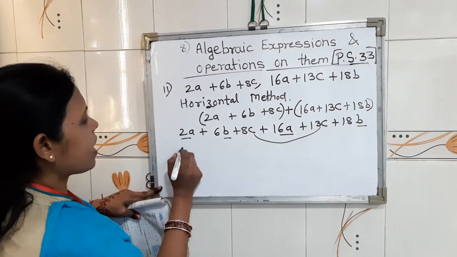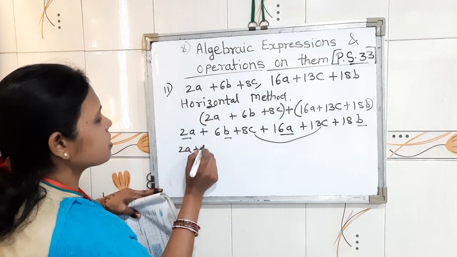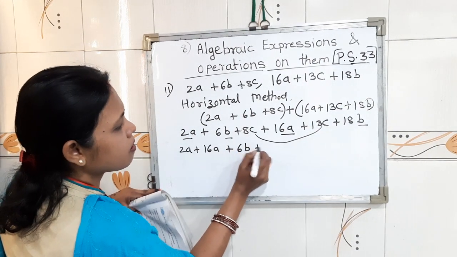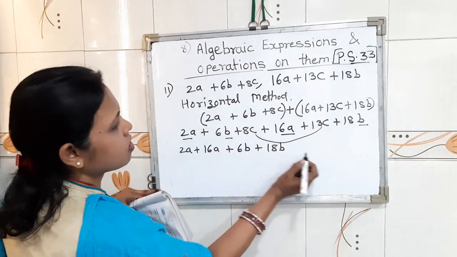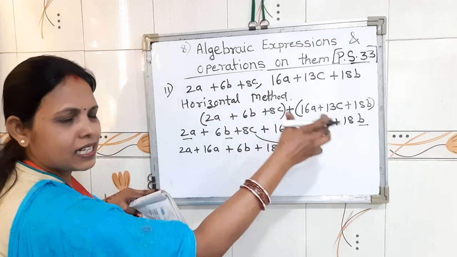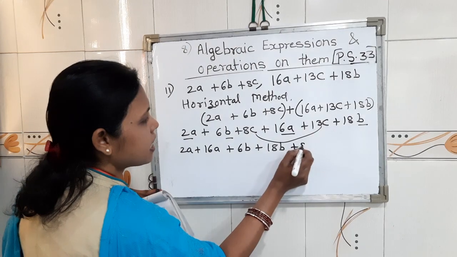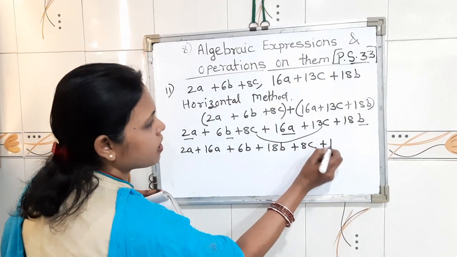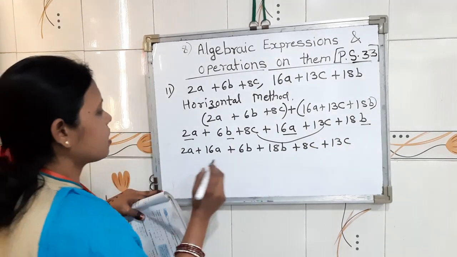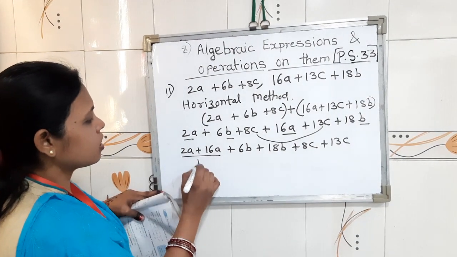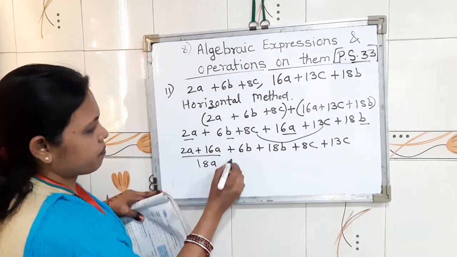Now we will see a with a, b with b, and c with c. Now we are going to add 2a plus 16a, 6b plus 18b. When we are writing, we will carry each number with its sign, plus 8c plus 13c. Now 2 plus 16, that is 18a.